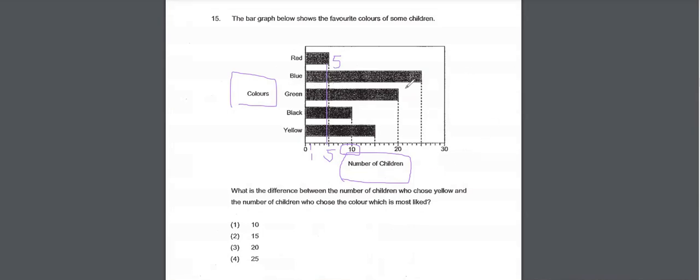And blue, here's the dotted line, we go down, and it will be 20, 21, 22, 23, 24, and 25. 25 children like blue. And green, it will be 20, because I go all the way down here and it is 20. So right here, 20.